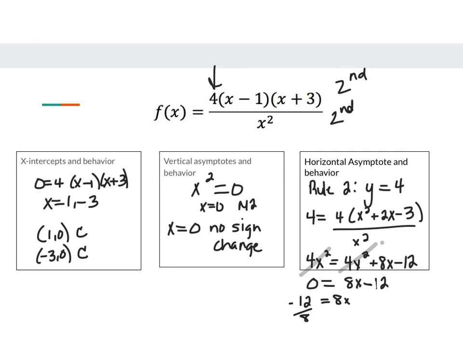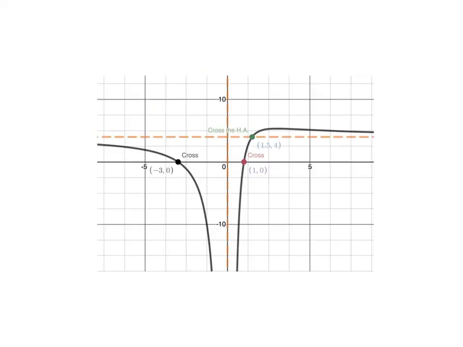So we divide both sides by 8. So we have 12 over 8, which reduces to 3 over 2. We want to keep the answer exact. So we say y equals 4, and it's going to cross at 1.5, 4.